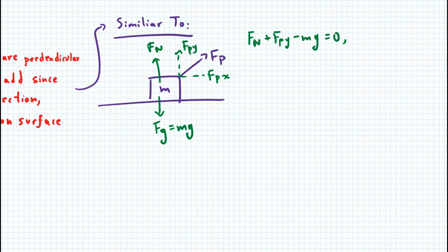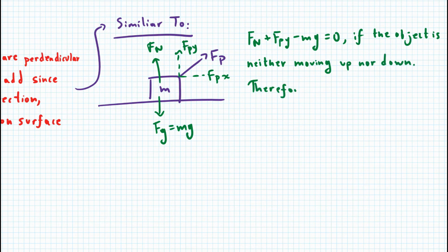Now the free body diagram is such that the normal force plus Fpy, the force pulling up the object, minus the force of gravity pulling down is equal to 0 if this object is neither moving up nor down. Therefore, we can conclude that only the force Fpx acts along the x direction to drag the block across the floor.